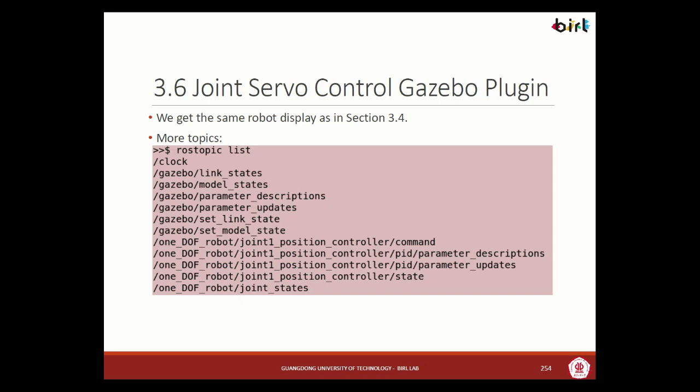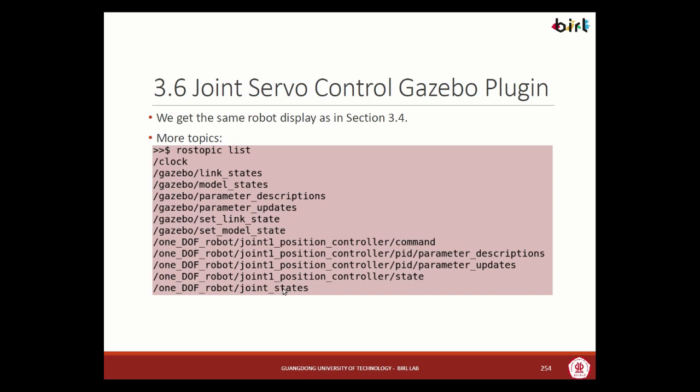But the joint 1 position controller state will give you information about the PID gains. These are both state, right? And they have the word joint, but what's the difference? This one has controller, so you get information about the controller, PID values, things like that. This one gives you position, velocity, effort for all joints. Yeah, we can take a look.